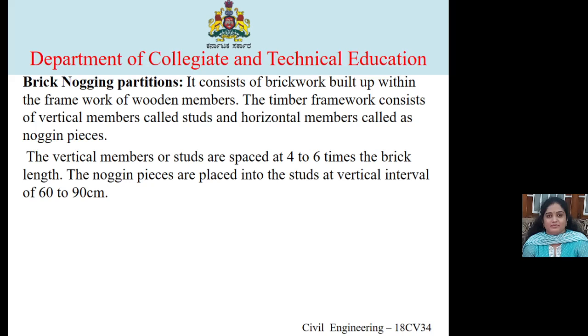The vertical members are placed at 4 to 6 times the brick length, so every stretch it is to be provided 4 to 6 times the length of the brick. The nogging pieces are placed into the studs at vertical intervals of about 60 to 90 centimeters.